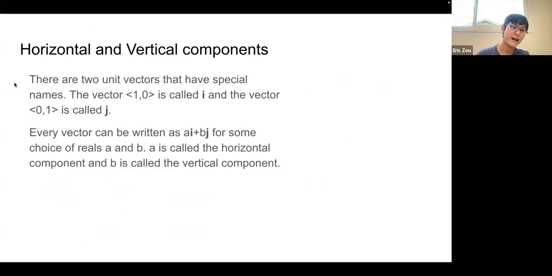All right, here's the actual definition of the components. There are two unit vectors that have special names. I is called I, and I equals (1, 0), and J equals (0, 1). In some textbooks, you see it written as I hat and J hat.